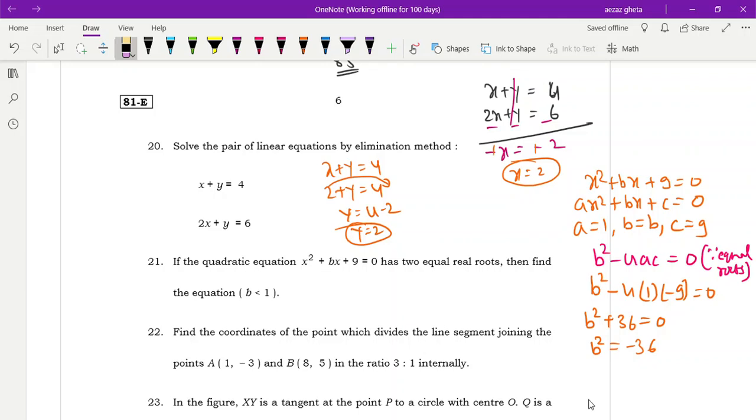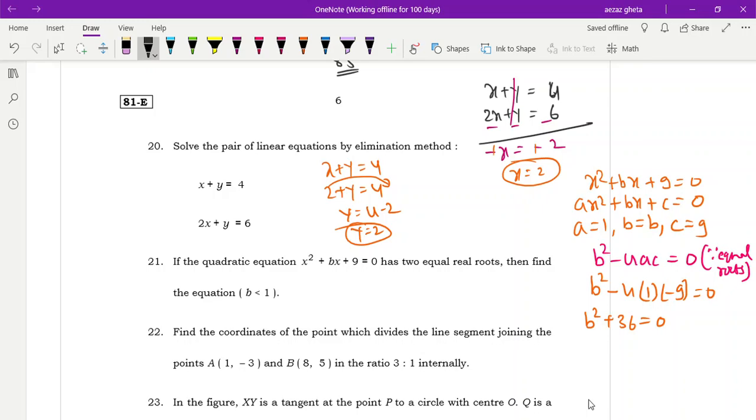Then find the equation, b is less than 1. Just this is the equation we can write: b square plus 36 equals to 0.